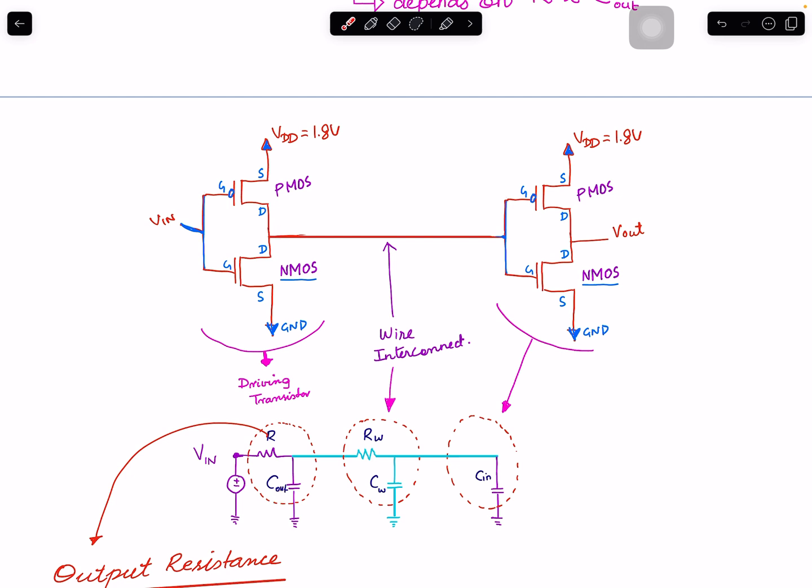Then this entire wire also presents parasitics, right? It has a resistance, it has a capacitance, and the simplest model that we use is something like this. When we go into wire interconnect, I will look into a few models of how accurately we can represent the parasitics. But think of this as an R wire, C wire.